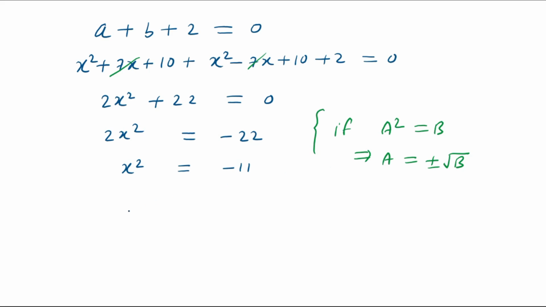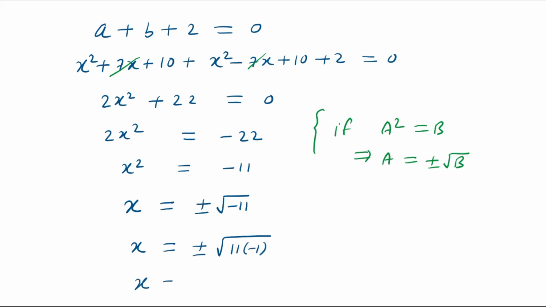If we apply this rule, then x is equal to plus minus square root of minus 11, which is the same as square root of 11 times minus 1.